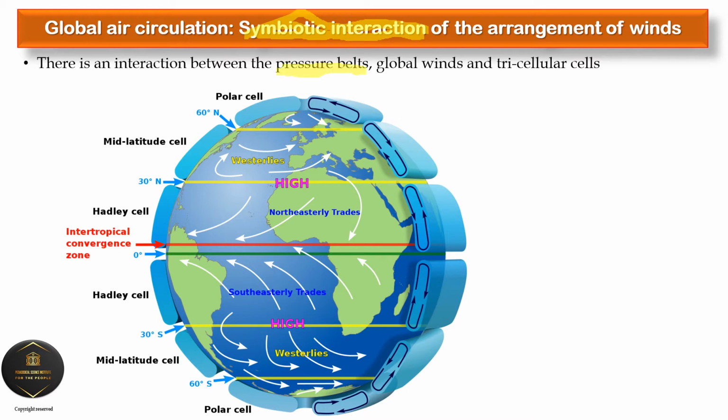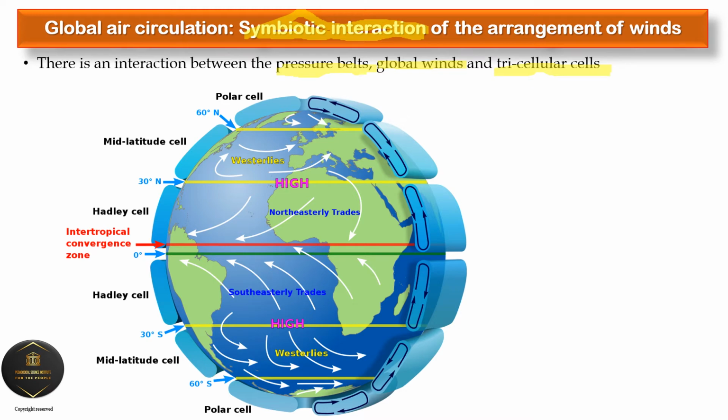Remember that pressure belts, guys, are built by air, because remember in climatology we are always looking at the behavior of air. So we are basically thinking about the air that is found in specific regions, and those regions we call the pressure belts. And we also think about the interaction between the global winds and the tricellular cells.